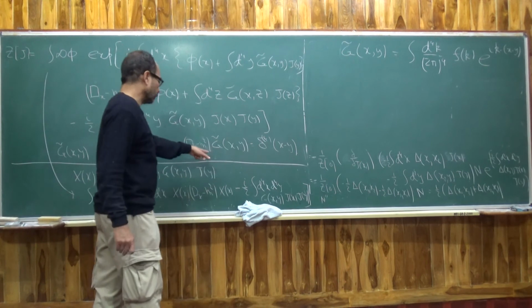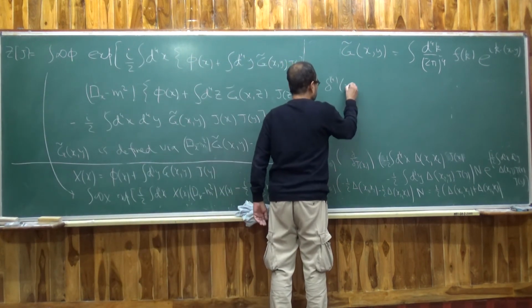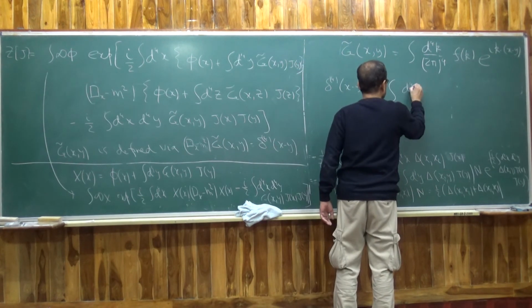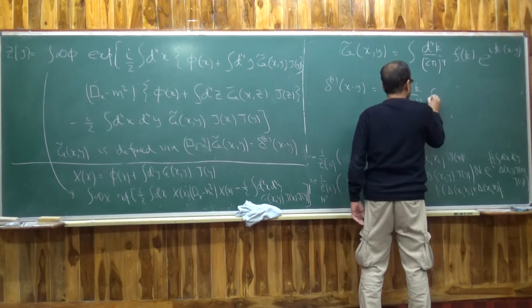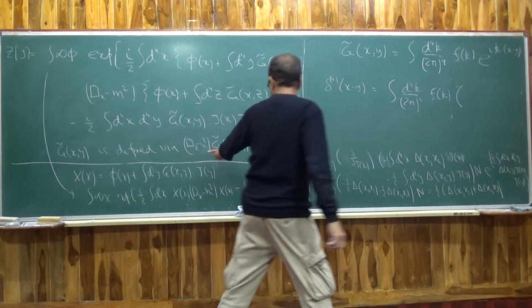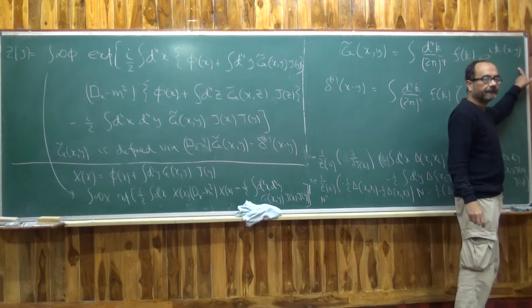So now this equation takes the form of delta 4 of x minus y as integral d4k over (2 pi)^4 f of k, and then the box x minus m square acts on e to the i k dot x minus y, and that's what the x dependency is on that side.